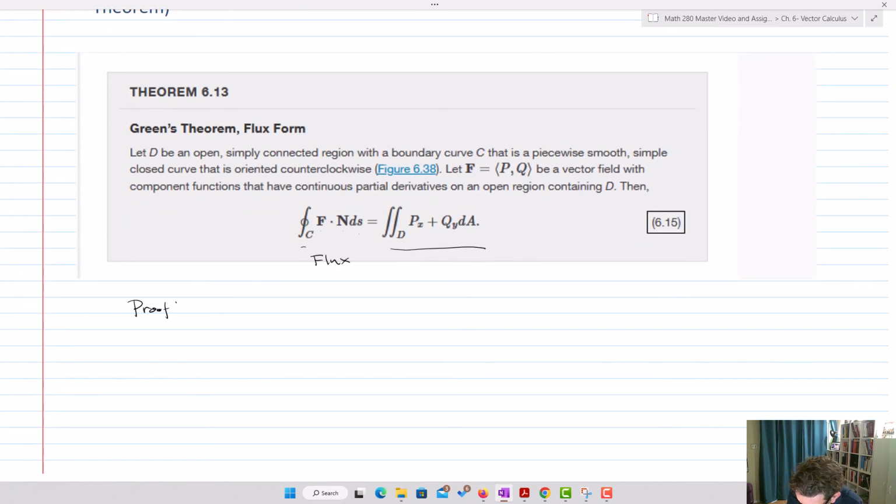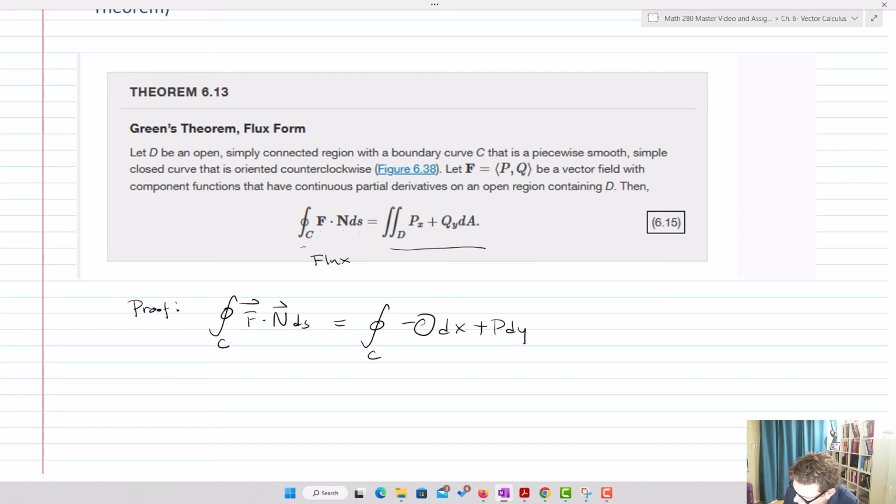Let's go through a brief sketch of a proof here, because we just want to relate this to what we've been doing thus far. If you remember, f dot n ds is going to equal the line integral over C of negative q dx plus p dy, where q and p are exactly the ones we've been using when we talked about the f before.